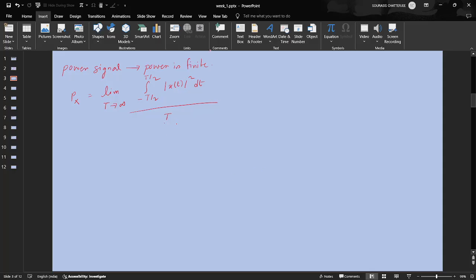So this is the expression of power, and the question asks for the power signal, where the power is finite. So what should be the energy of a power signal?